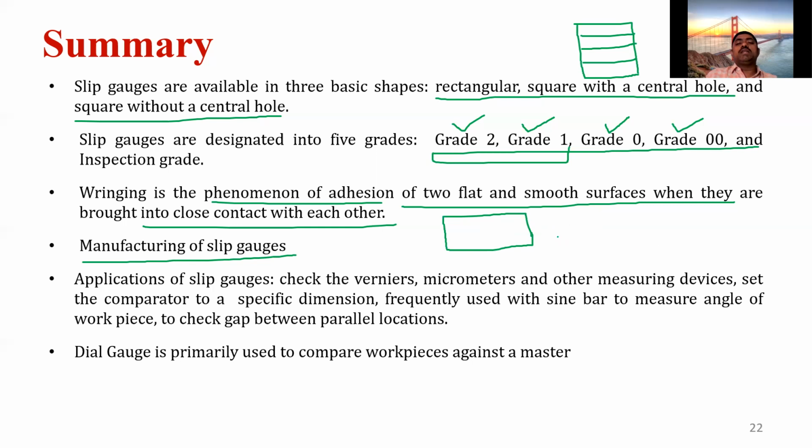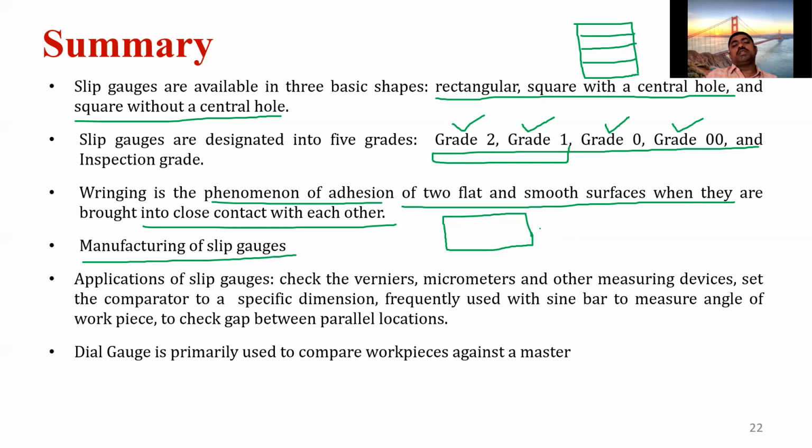So flatness is achieved, and in order to have equal parallelism we have to interchange 4 slip gauges out of the 8, turn them, and again do the same lapping operation.